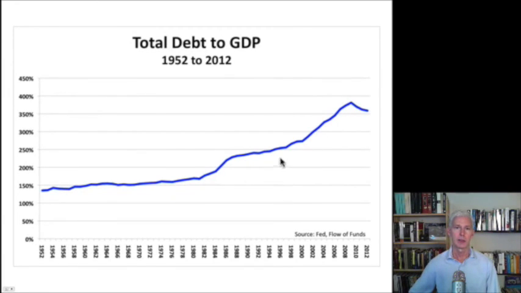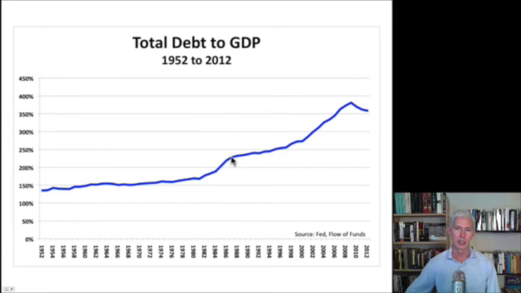Now notice this chart shows the ratio of debt to GDP in the US. For a long time, it was around 150% of GDP. Then, under President Reagan, the government cut taxes and increased military spending. That resulted in very large government budget deficits.